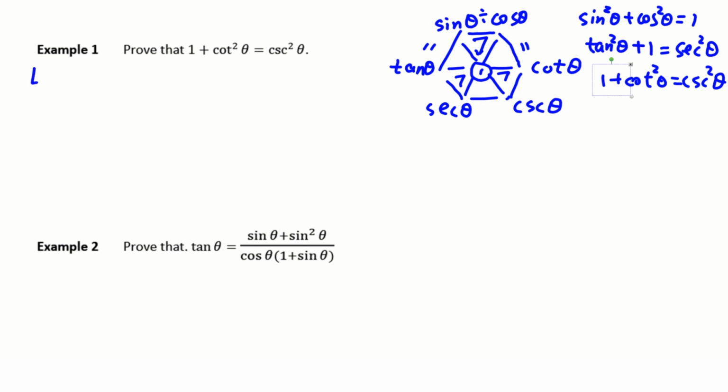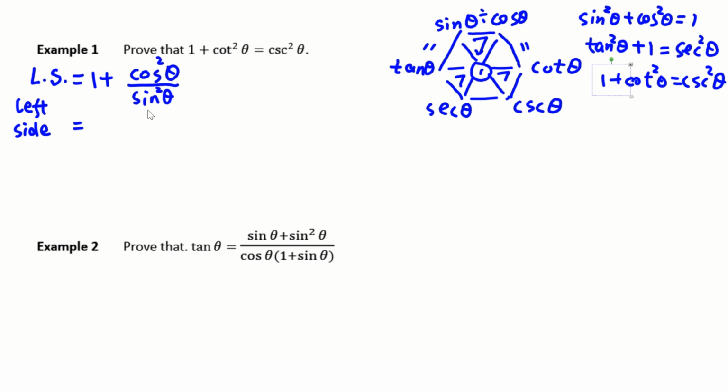So left side, we use the first letters, LS, to represent left side, equals 1 plus cotangent theta squared, which is cosine theta divided by sine theta, squared. Cosine theta divided by sine theta is cotangent theta, and squared, we just square both.